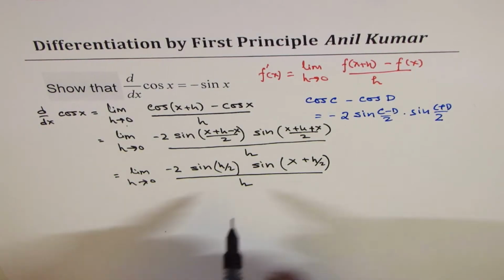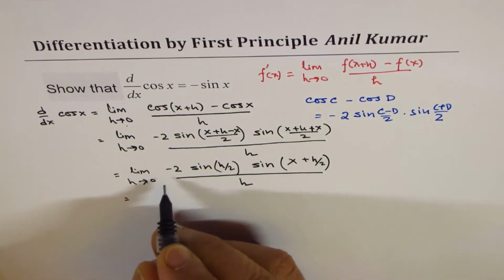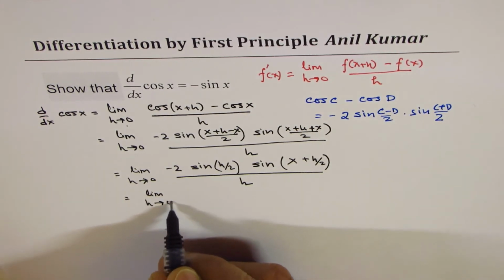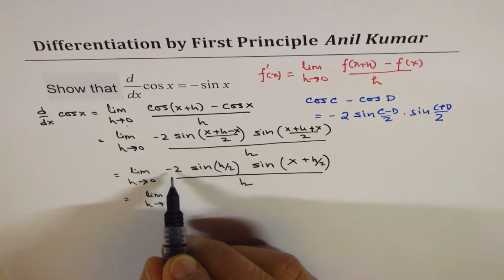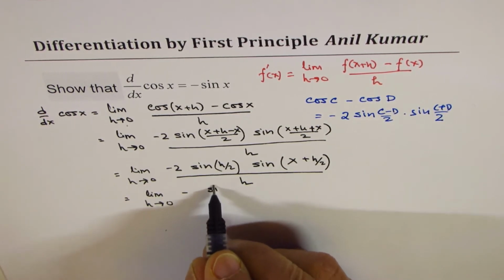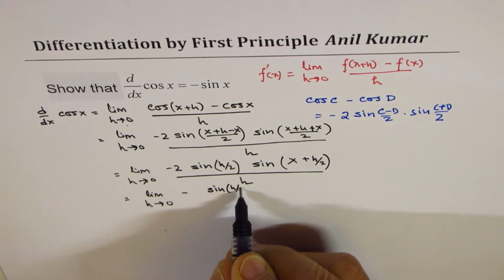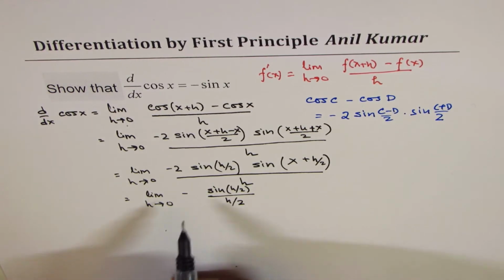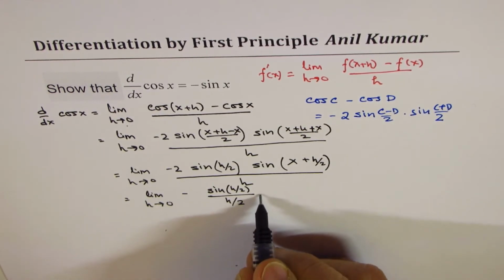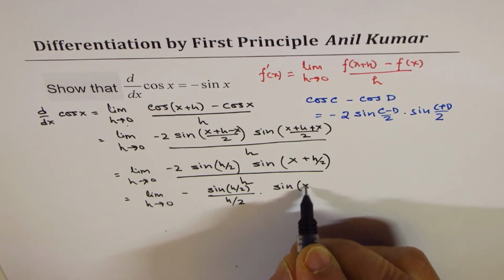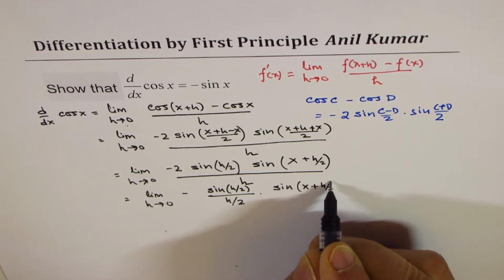Now we can rearrange, right? So if I rearrange, I get limit h approaches 0. Now I'll bring this 2 down, so we get minus sine of h by 2 over h by 2, correct? This is with the negative sign, times sine of x plus h by 2.